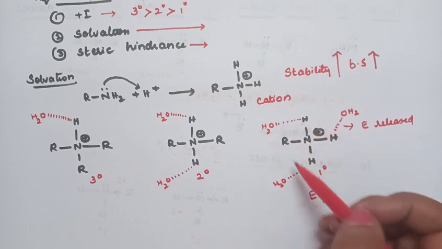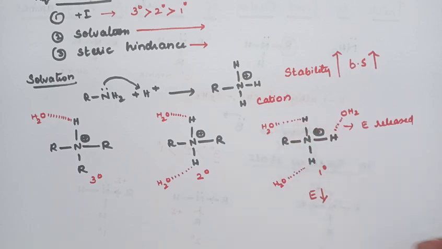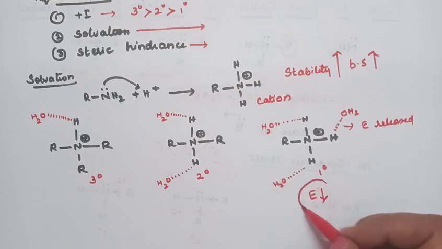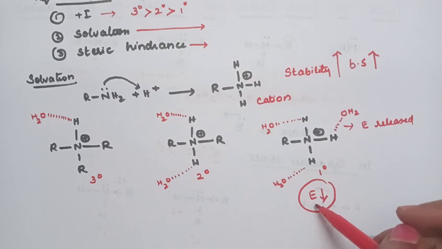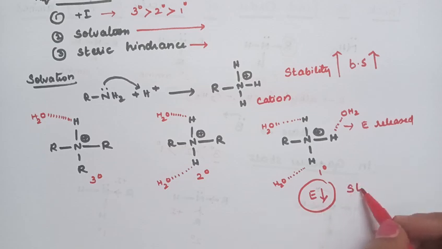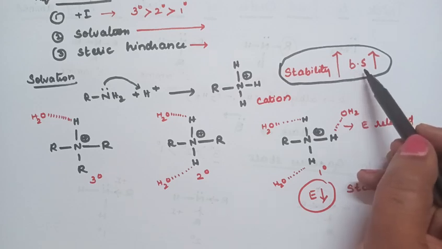After releasing energy, this molecule will be having very less energy, because it has released energy. The lesser the energy, the more the stability. Already what we have written here: if stability is more, then basic strength will be more.